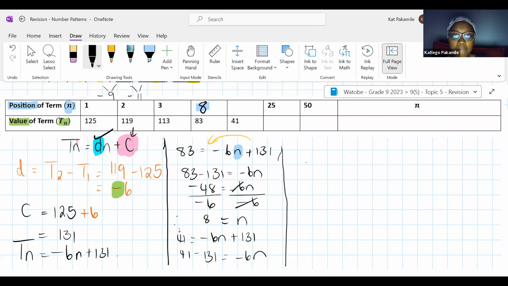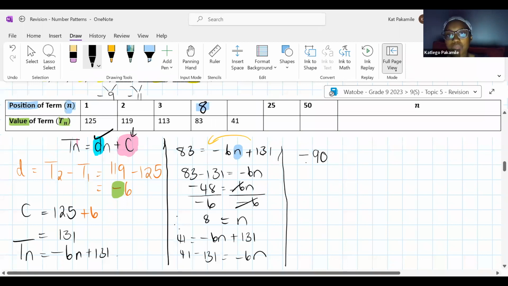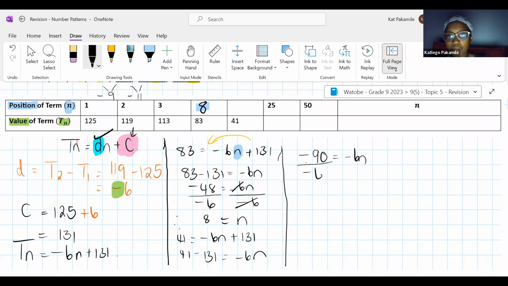And then we say negative 90 divided by negative 6, and negative 6n divided by negative 6, because we have to divide it by itself to get the answer, ma'am. And then the answer is 15, ma'am. It equals n. Thank you, Minense. Yes. So the position of 41 is number 15. Thank you very much, Minense. Thank you, ma'am.